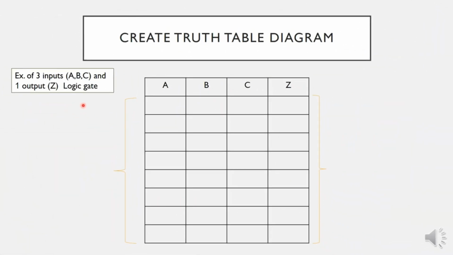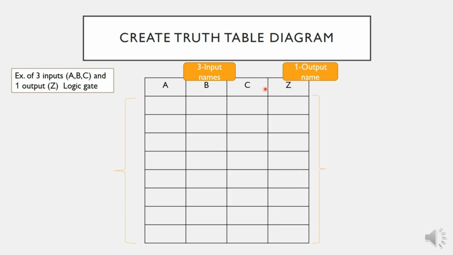In this example, I just want to give a simple example of how to build a truth table for a 3-input circuit, which has inputs A, B, C, and one output Z. The first step is to build a table and give the 3 input names, A, B, C, one at each column on the left.